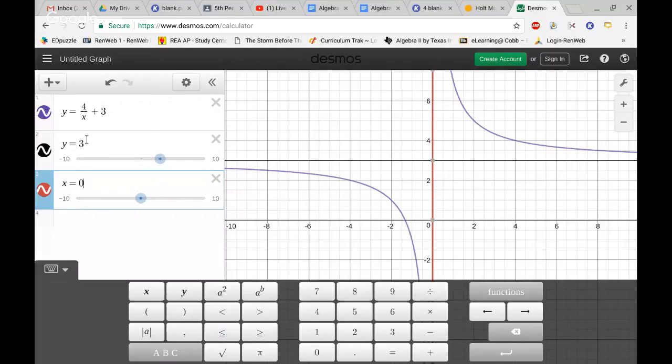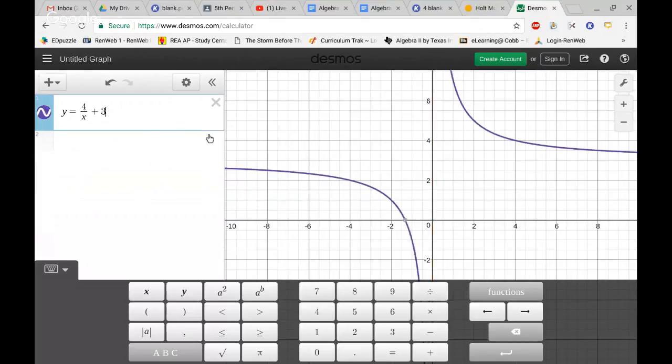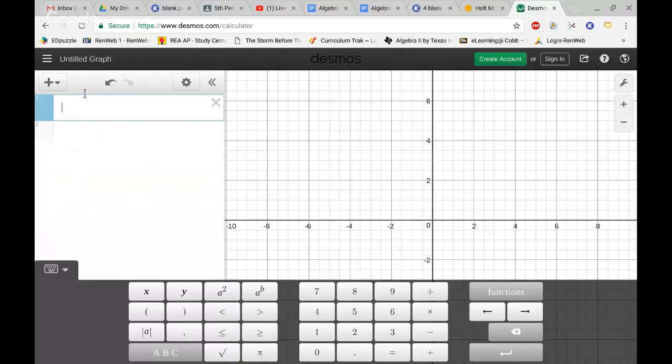Yes, ma'am. Okay, so if I'm looking at that one, what do you think the vertical asymptote is going to be? -4. Absolutely. Good job.